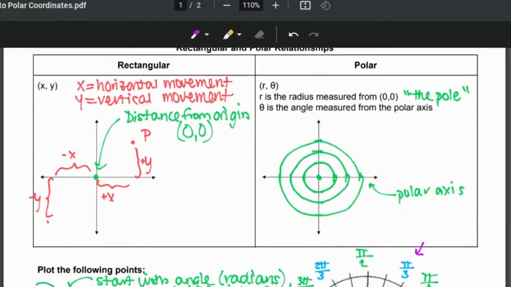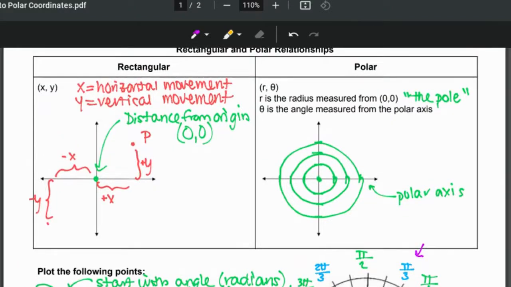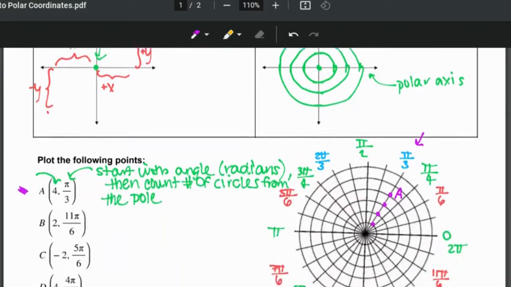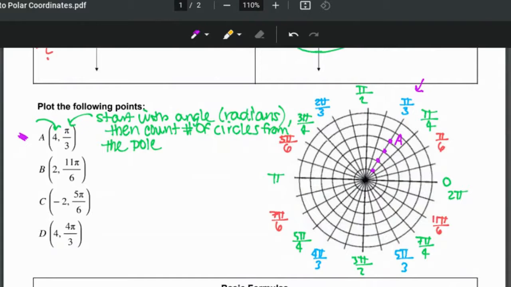Unlike on the rectangular coordinate plane, if there's a point at (3, 2), there is only one name for the point at (3, 2). You can't call it anything else. However, with polar coordinates, we could have also called point A 4 units away from the pole, but we could have gone in a negative direction, and we could have gone negative 5 pi over 3, and that would have ended up in the same location.